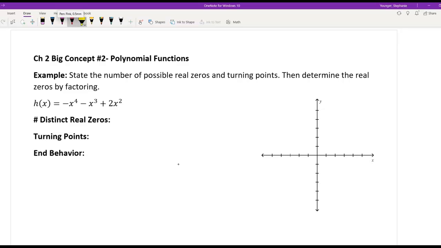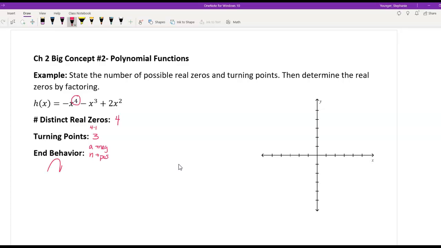So once again, let's take a look. Distinct real zeros: I have a 4, so I have 4 possible distinct zeros. Turning points is the number of zeros minus 1, so I have 3. And then my end behavior: a is negative, n is positive.